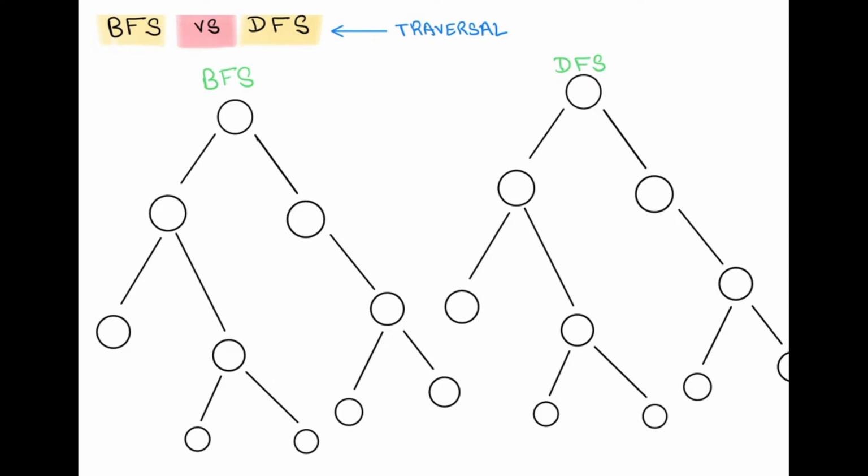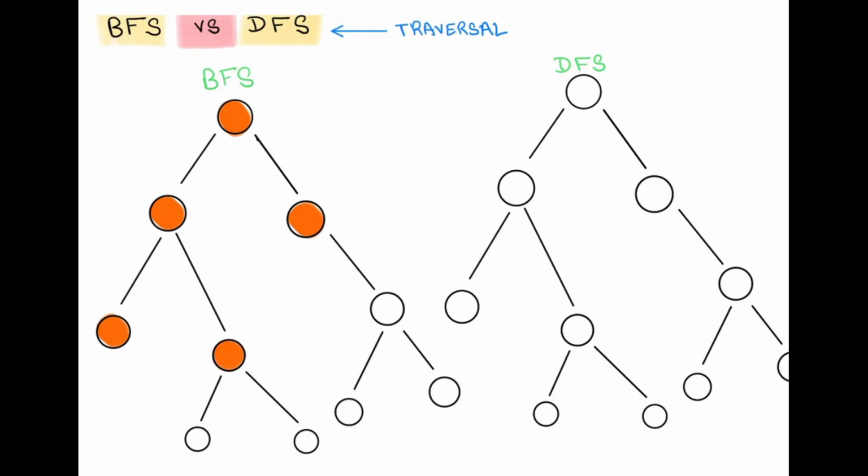From the root, the breadth first search traversal tries to cover the breadth first, and breadth is from left to right. So we will first visit this node from the root and then this node from the root. Then we will go down and visit all the nodes from left to right.